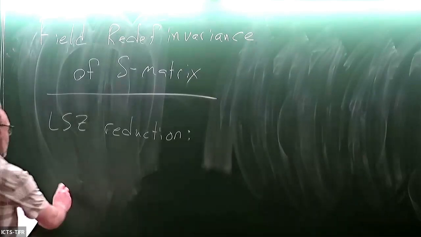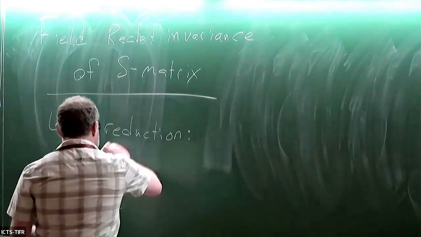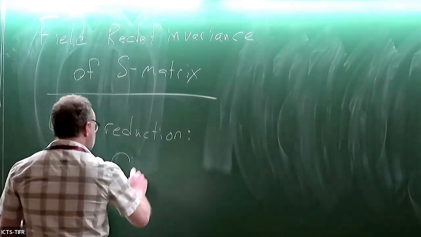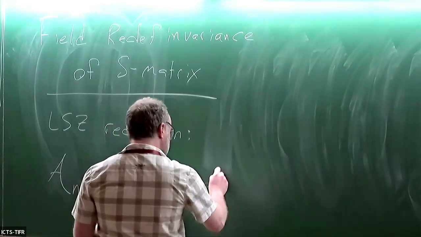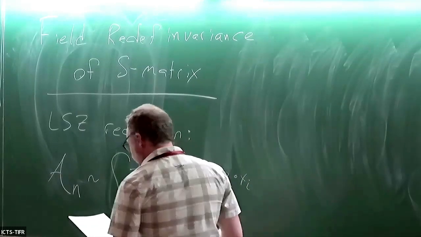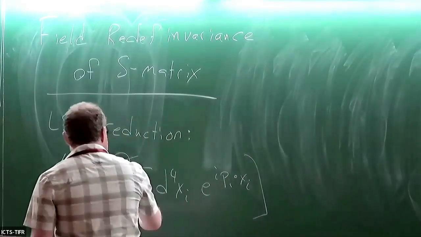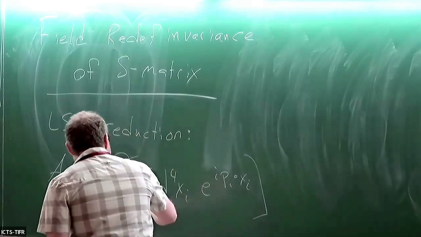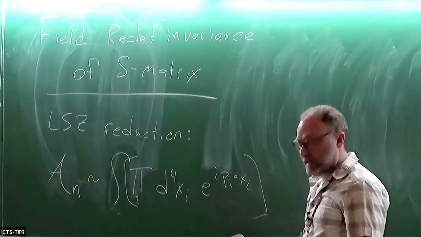But basically, we get amplitudes or S matrix elements by doing this LSZ reduction procedure, which schematically looks like the following. So we have some product over all of the in and out particles in our theory. Those just change the signs of the momentum.